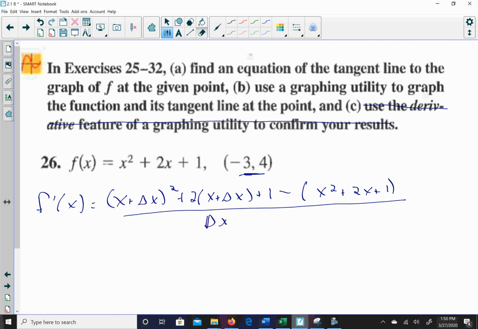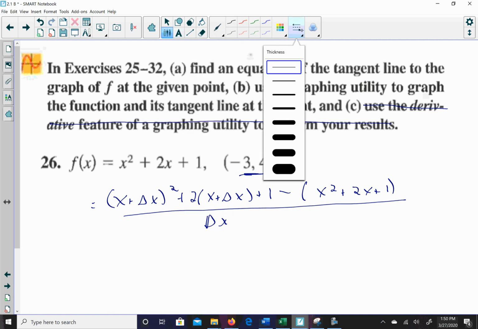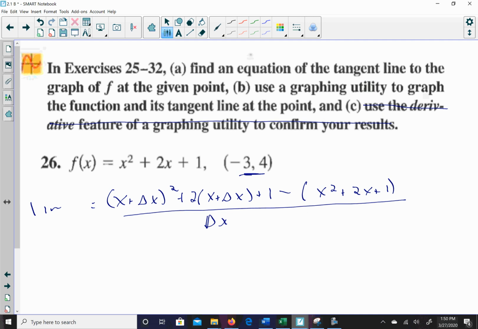And to find the derivative, I'm going to erase this because I'm finding the derivative. I'm going to take the limit of this whole thing, so there's no equal sign, as delta x approaches 0.